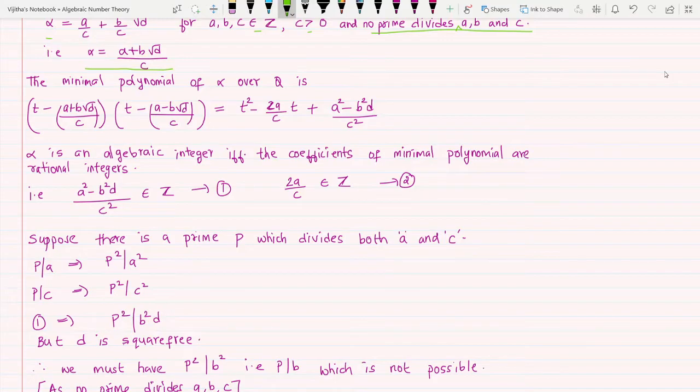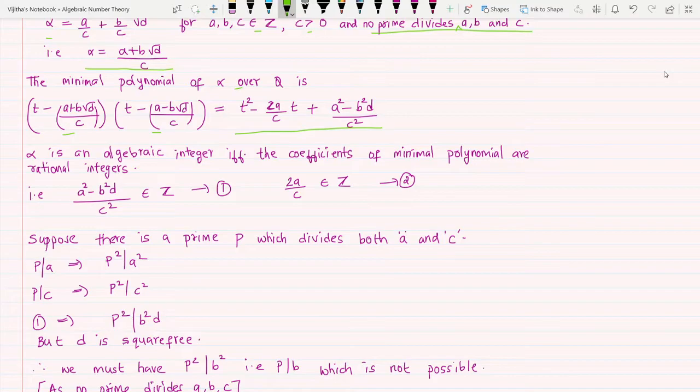If you expand and simplify, you will get T square minus 2A T by C plus (A square minus B square D) by C square. This is the minimal polynomial of alpha over Q.